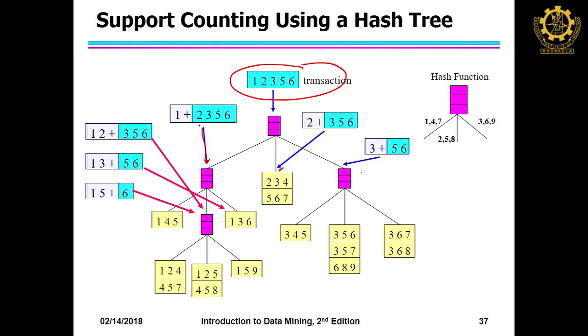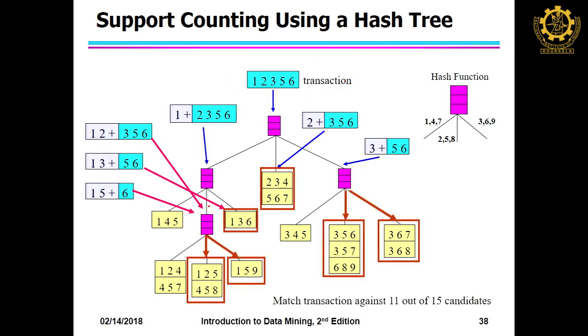Now, you combine with 2. So, 2 with the rest of the 3 will point to this location here, then next is 3, obviously it will point on the right side, and then 5, 5 means 2, 5 and 8 will point here. So, these 2 will be pointing to this position here.